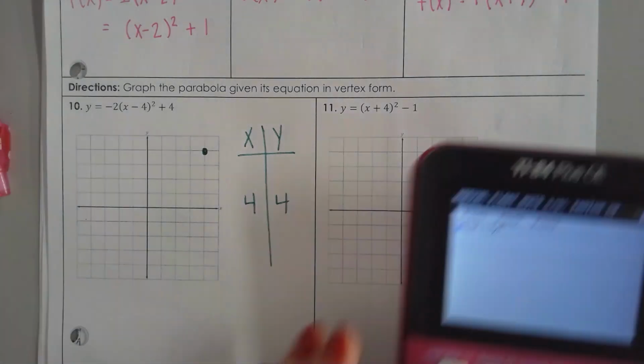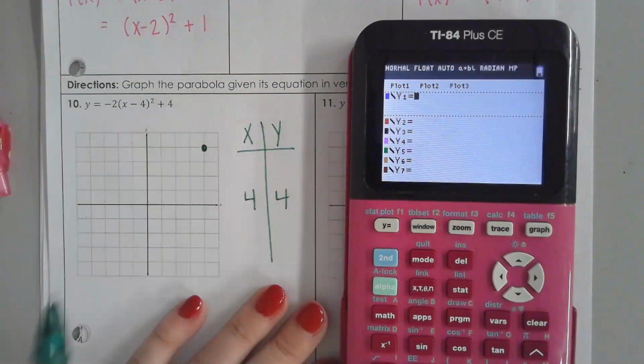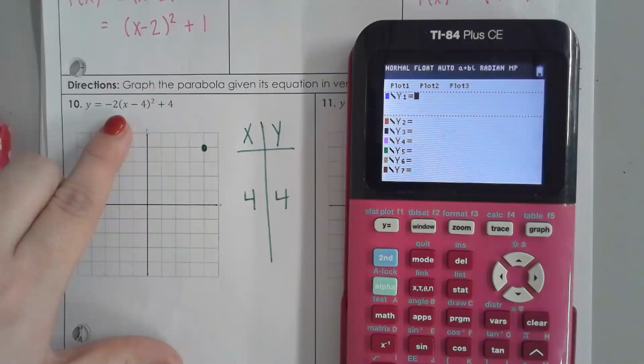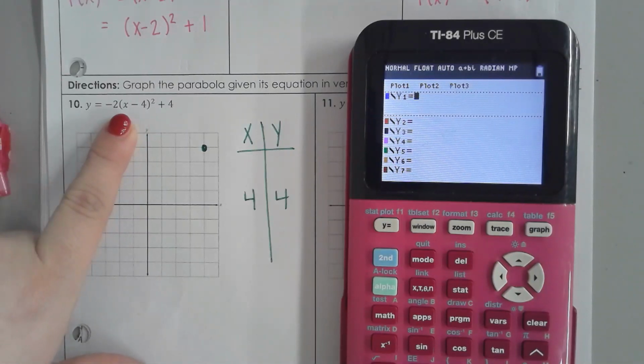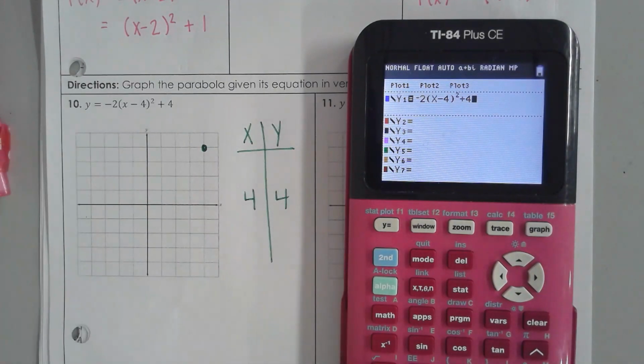So go to your calculator and click on y equals. You might have to clear out any equations that are written in there. And I'm going to type in that equation, starting with the -2.